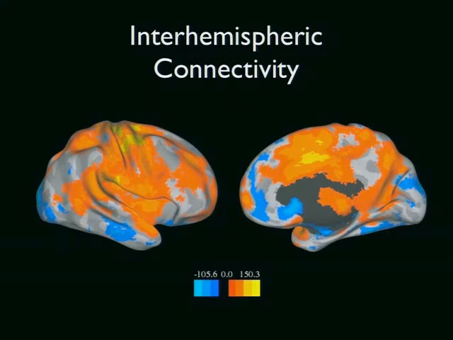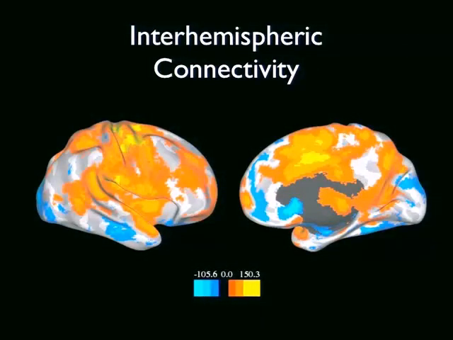And so the homotopic region we can see has increased connectivity in MS patients. So not entirely what we expected, but as I'll show you, there may be some dynamic changes in these patients.